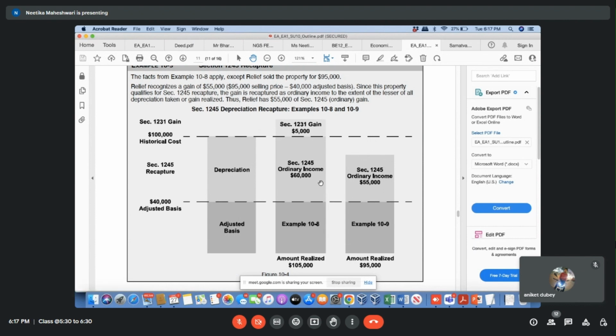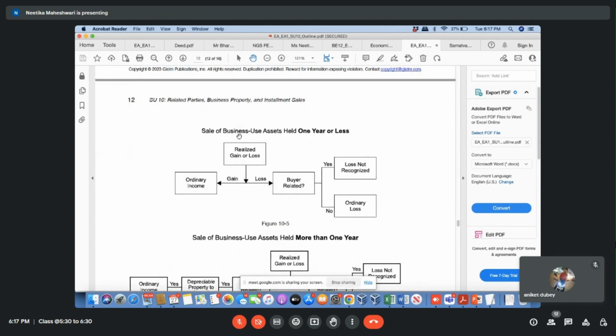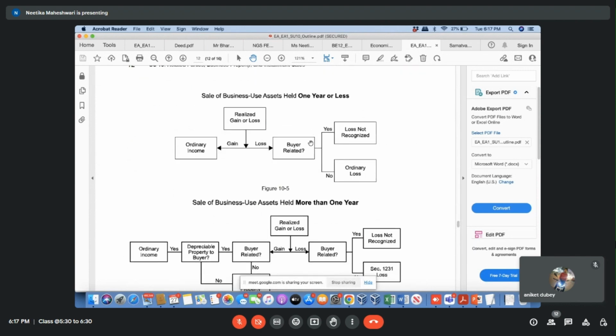Okay, let's quickly go over this. Sale of business use assets held for 1 year or less. If there is a realized gain or loss, gain is ordinary income. If there is a loss, we have to see if it's buyer related, recognized or not recognized.